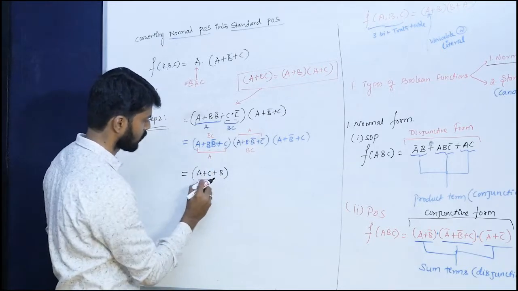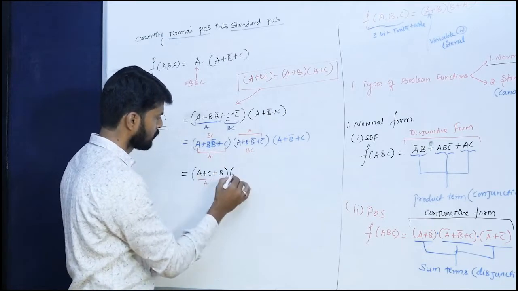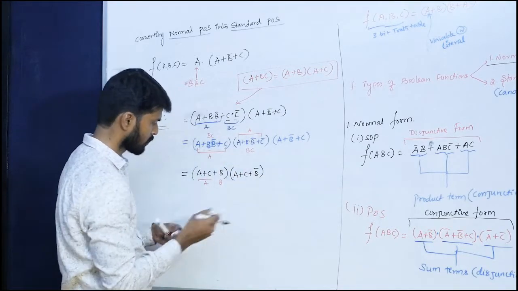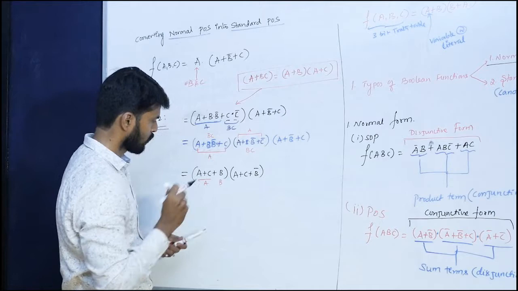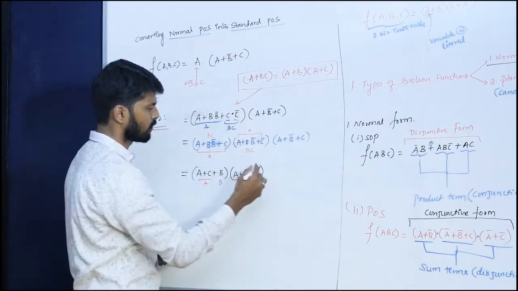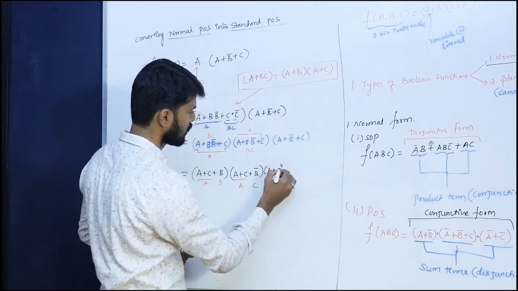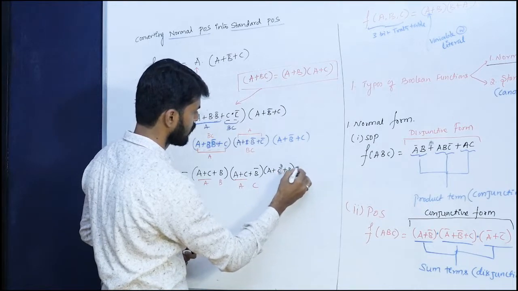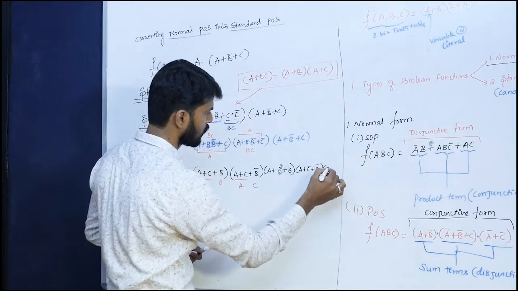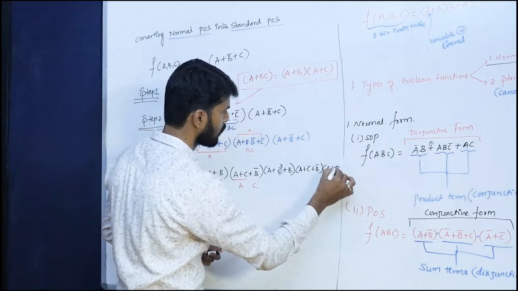This time these two are A and this is B. Now again A plus C plus B bar. Now I will consider these two as A and this as C. Similarly for this I will apply A plus B plus A plus C bar plus B, then A plus C bar plus B bar, and this one I will return as it is: A plus B bar plus C.